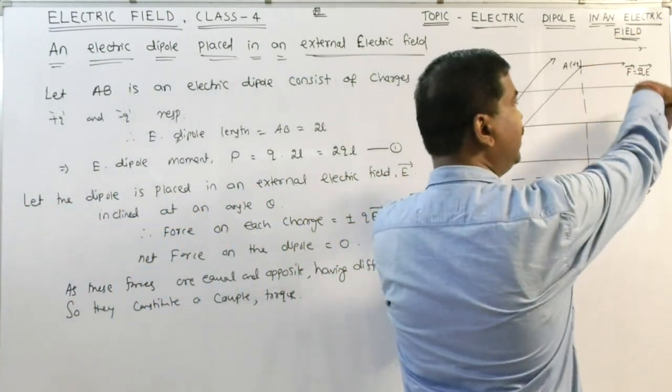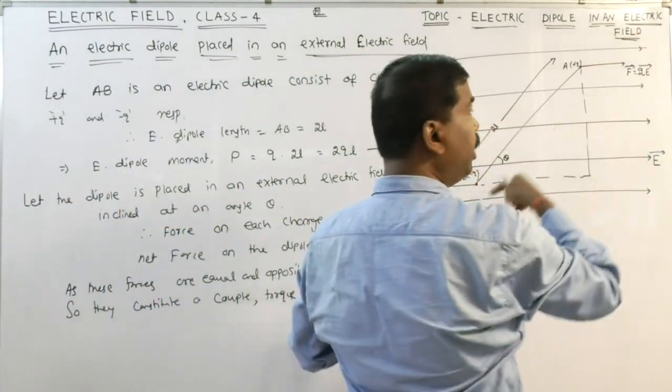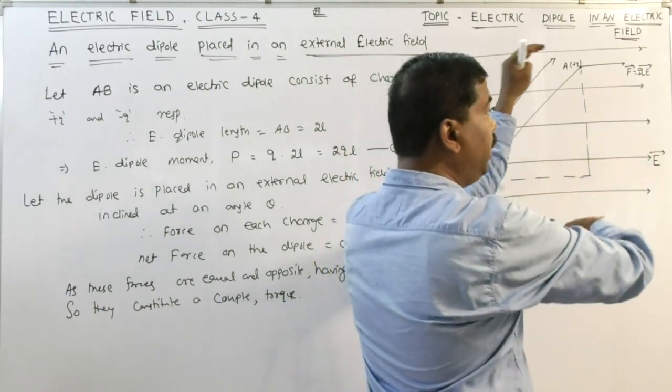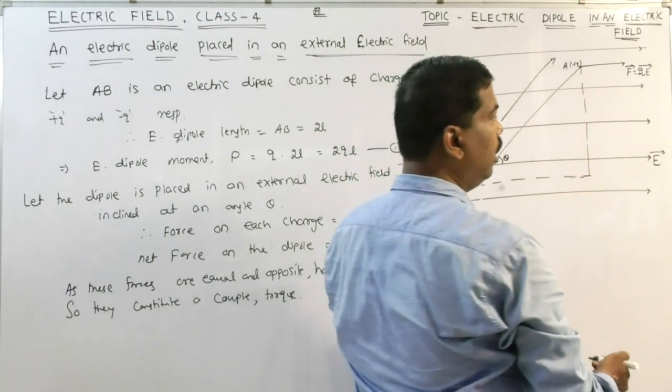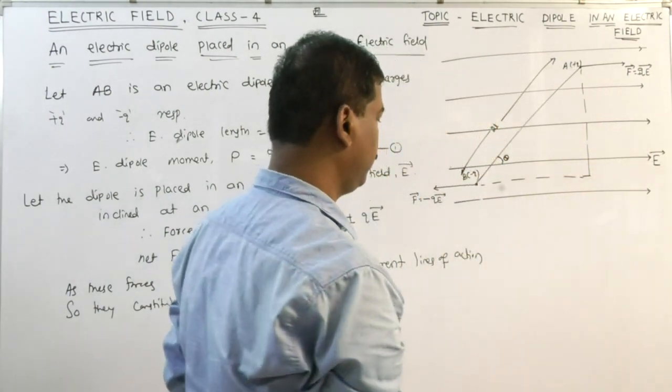Listen to me, this force is acting here, this force is acting here. They may be equal and opposite, but they are having different lines of action, so they constitute a torque or a couple.